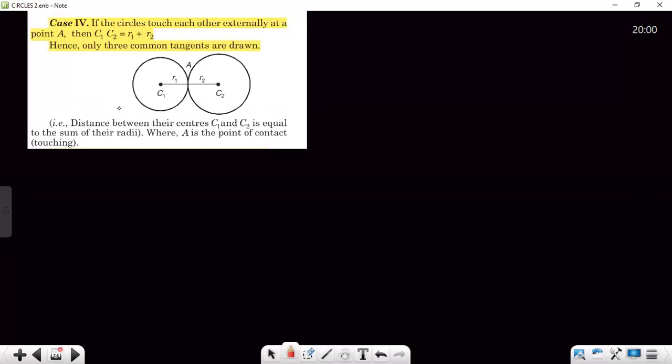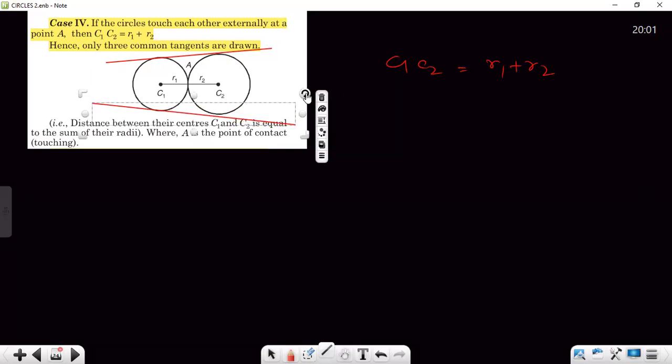Nice. If the circles are touching externally, it means the distance between C1 and C2 is simply R1 plus R2. How many common tangents? One common tangent can be made in this manner, and the other common tangent can be made in this manner. And there can be one more common tangent.